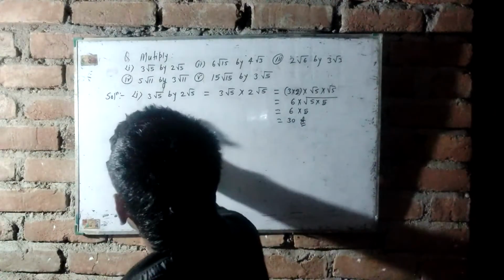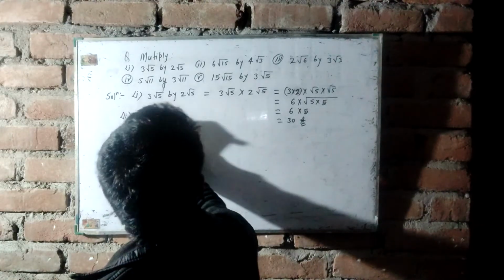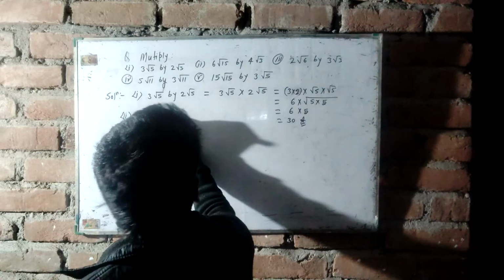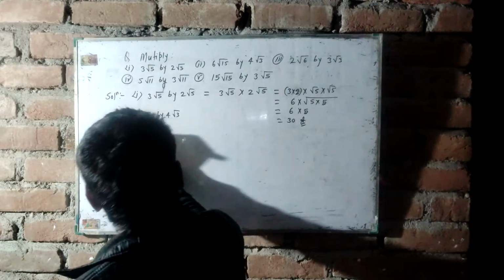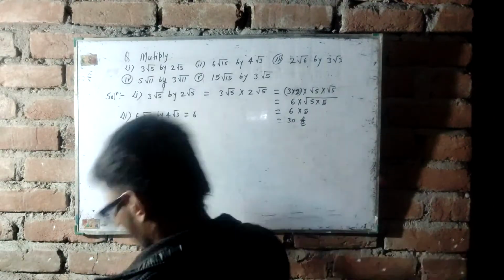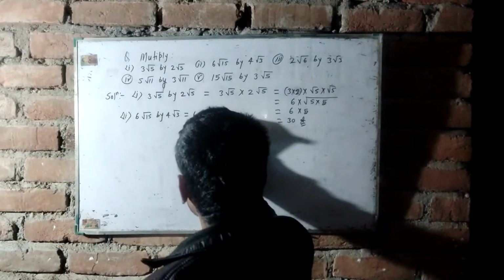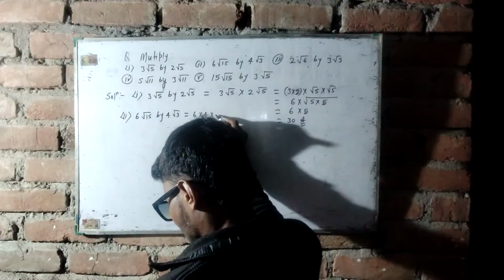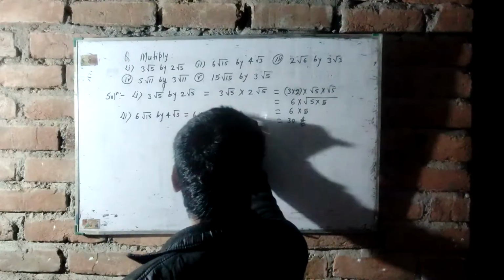Now let's go ahead to the next question. 6 under root 15 by 4 under root 3 is equal to 6 into 4 into under root 15 into under root 3.